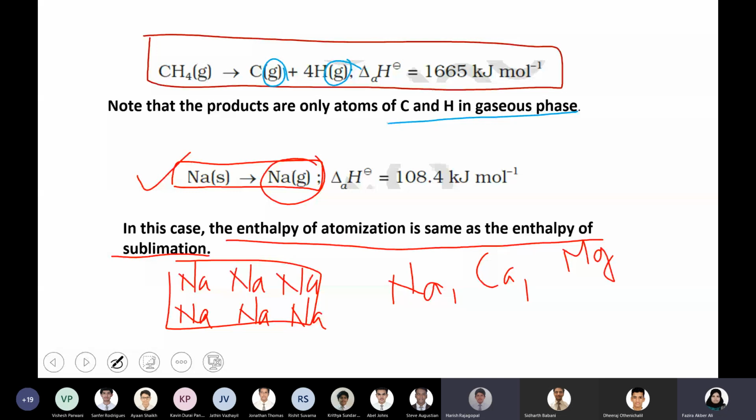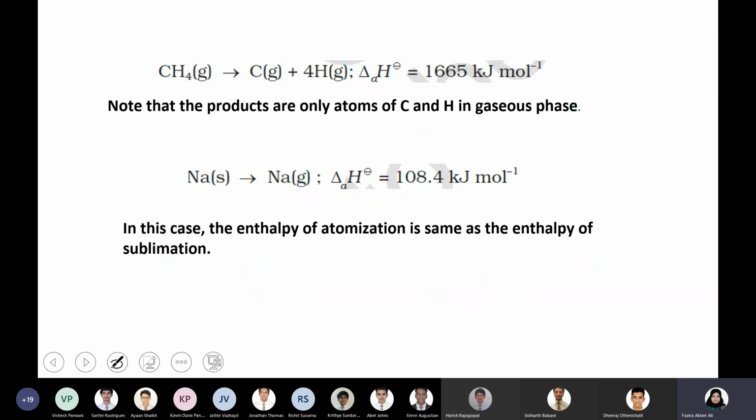Okay, just one last question, then we'll wind up. How can you write the enthalpy of atomization for chlorine?